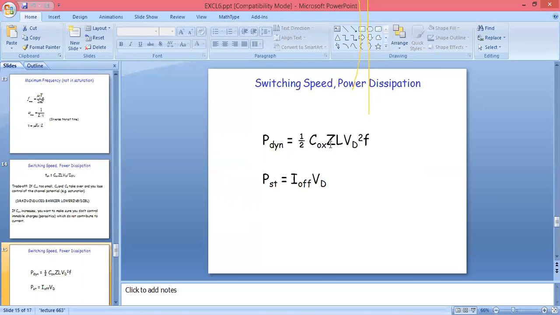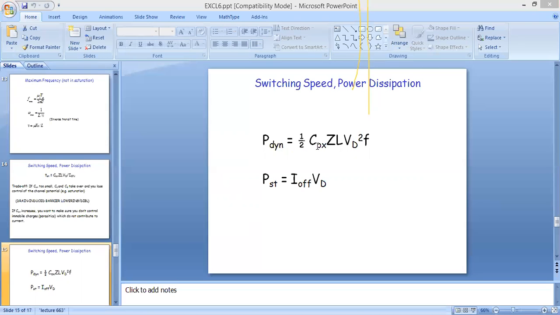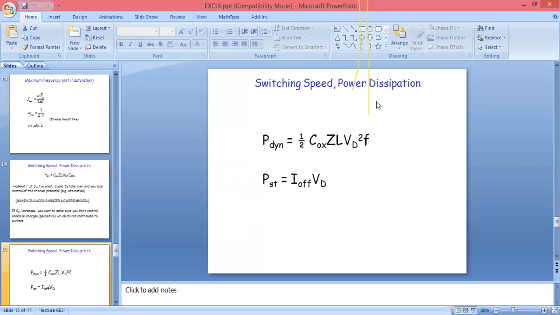And if you see dynamic power dissipation, we can calculate its value by using the short circuit. And if you make the short circuit, then by the charging and discharging of a capacitor, you can calculate the value of dynamic power dissipation. These are the mathematical formulas we will get in power dissipation.